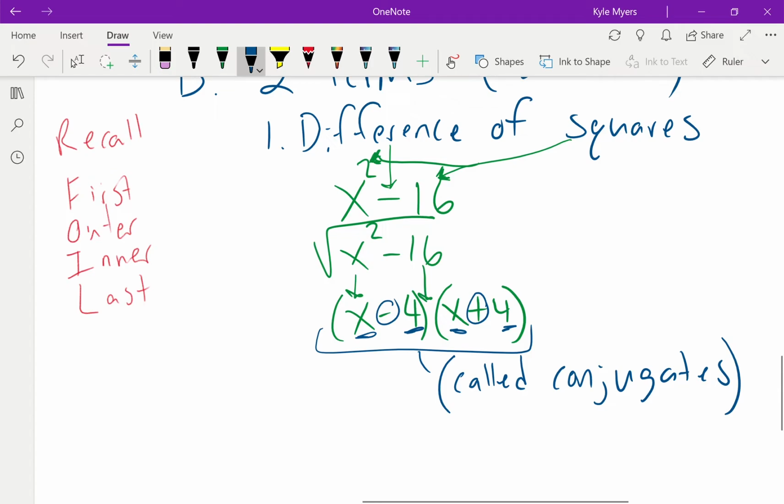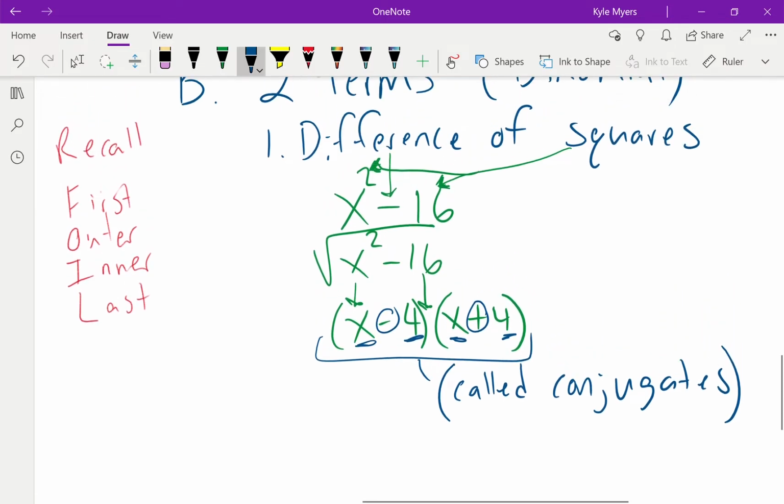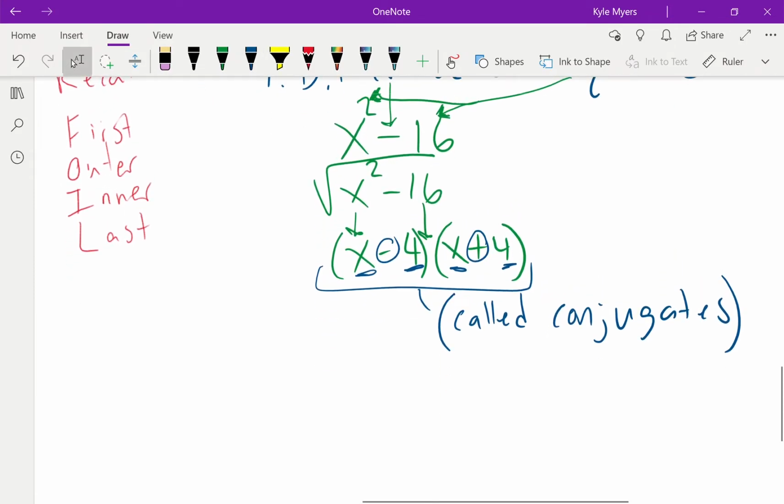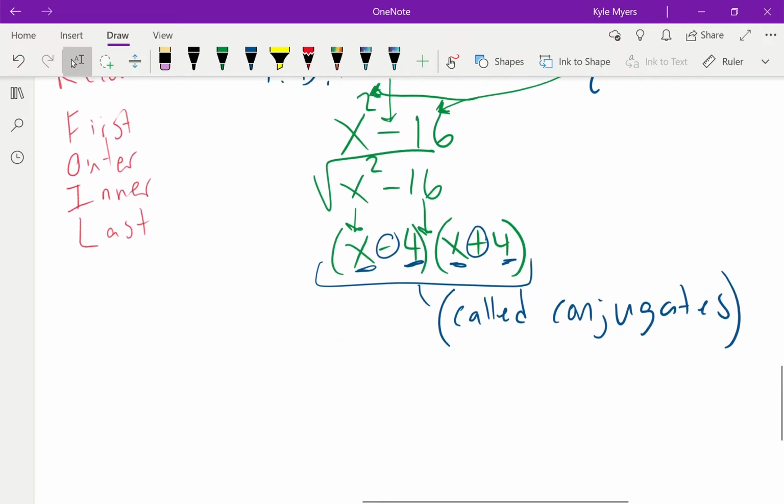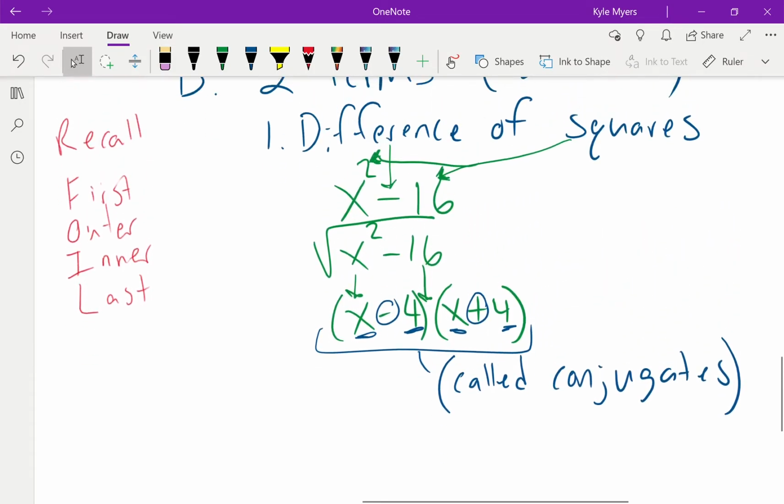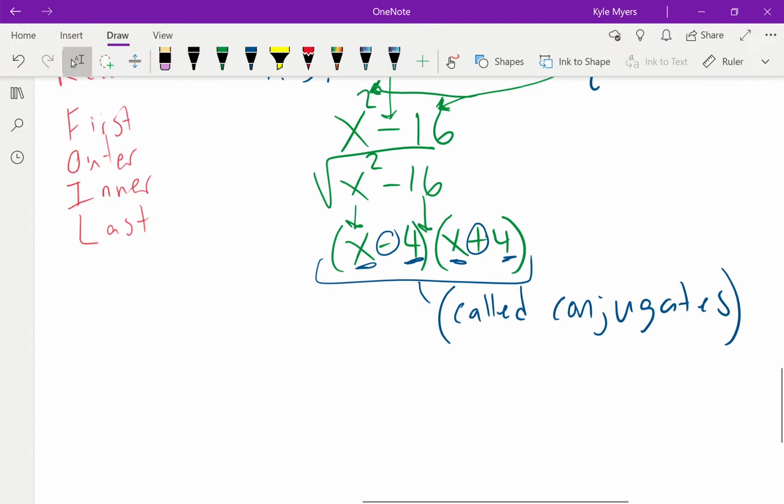So the second term is opposite, but it makes more sense, I think, to just say, hey, it's the same 2 things, just put a different sign in between them. And then the magic math thing for that is called conjugates. Why do we use fancy math terms? I don't know. People just come up with fancy math terms. I didn't make this stuff, right? Jesus did. And then mathematicians decided what to call it later on, because, I guess we get the naming power. Still getting the power of naming things that already exist.